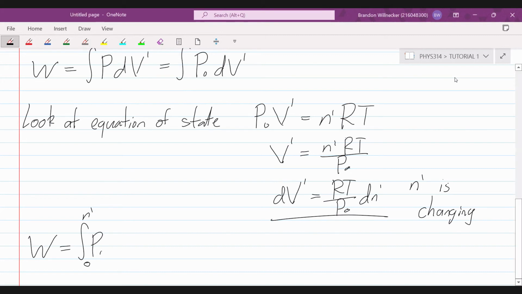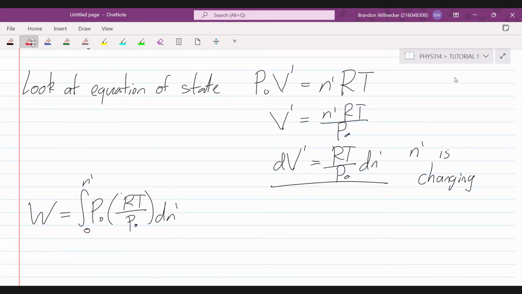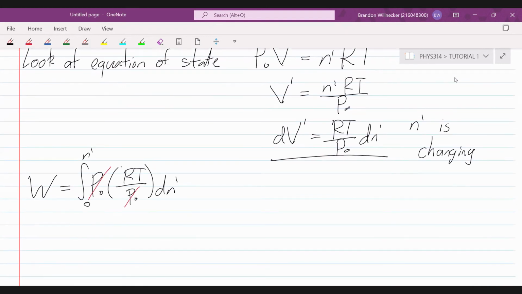So it's going to be P naught, and dV prime is RT over P naught dN prime. The P naught in the numerator and in the denominator can cancel. So this just gives us RT N prime, after doing the integral.